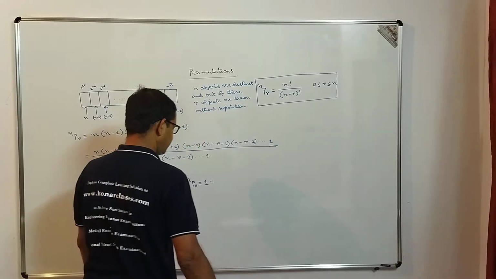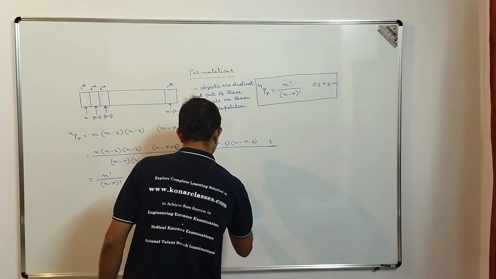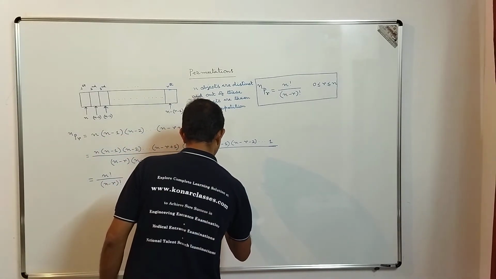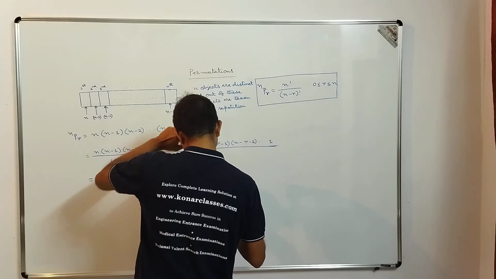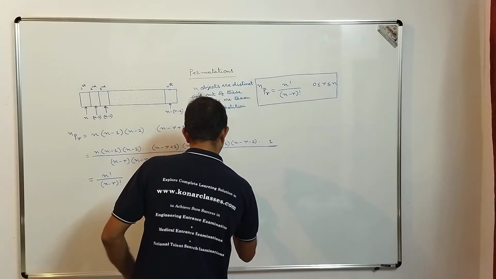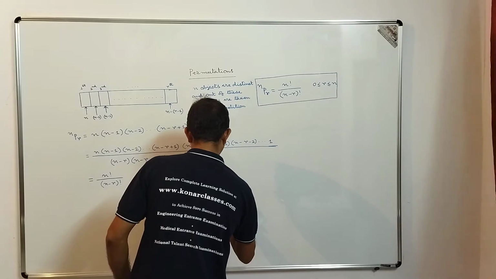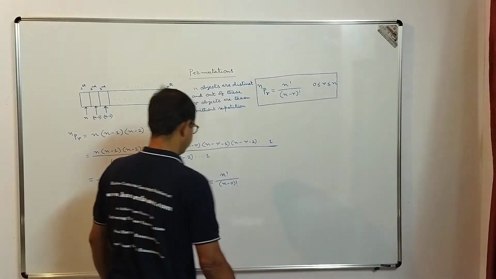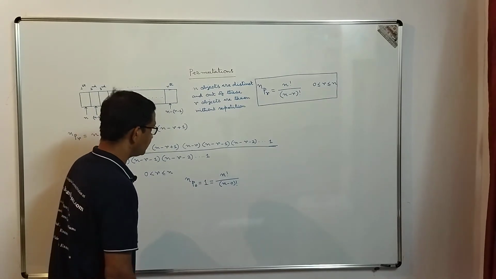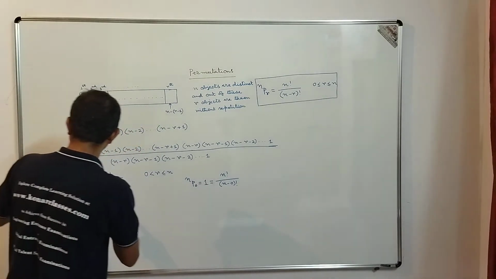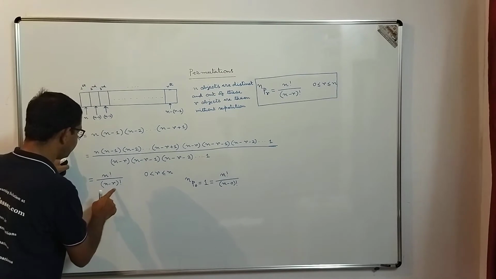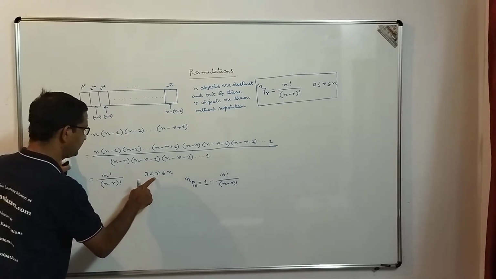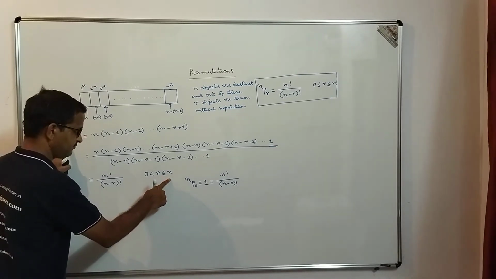And what is this 1? We can write it as n factorial divided by n minus 0 factorial, correct? So we see that nPr equals n factorial by n minus r factorial when 0 less than r less than or equal to n.